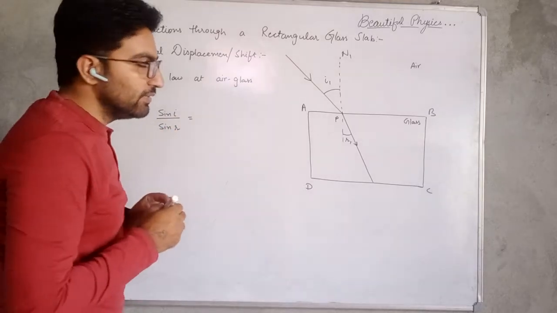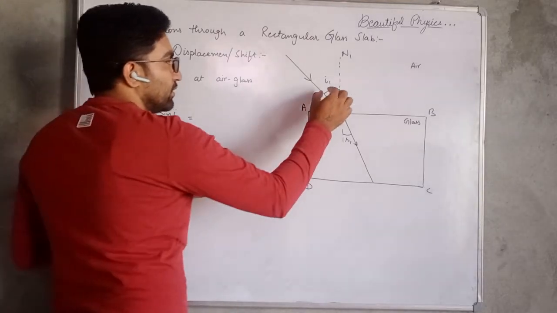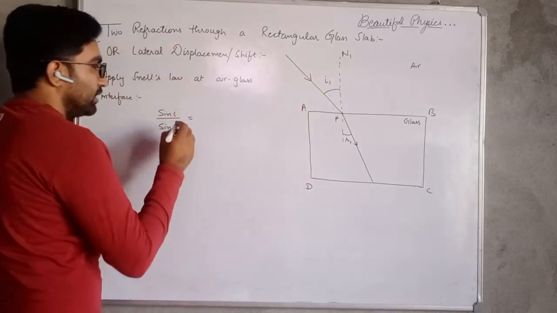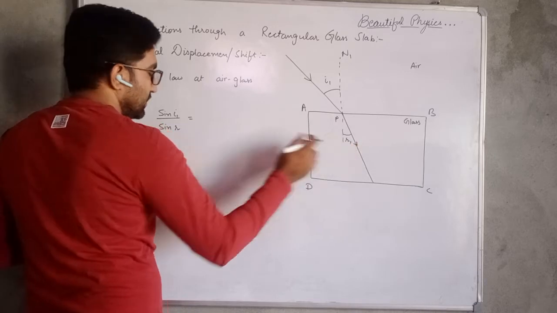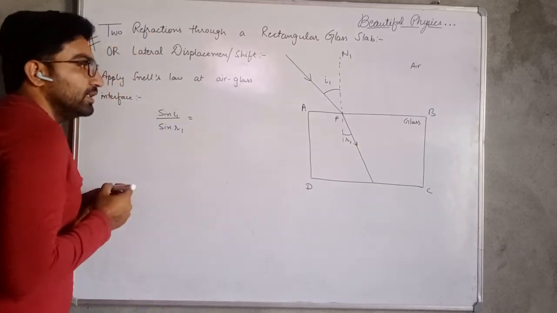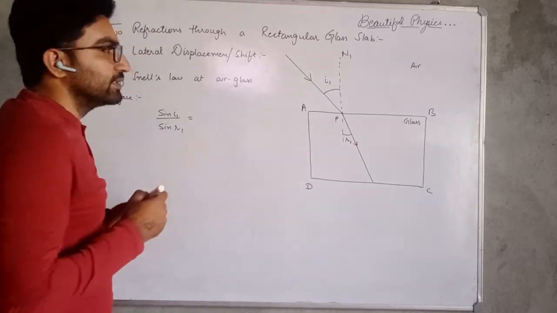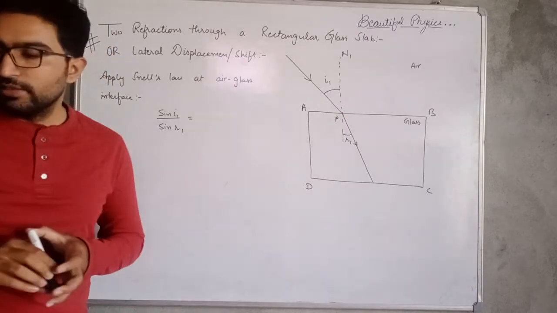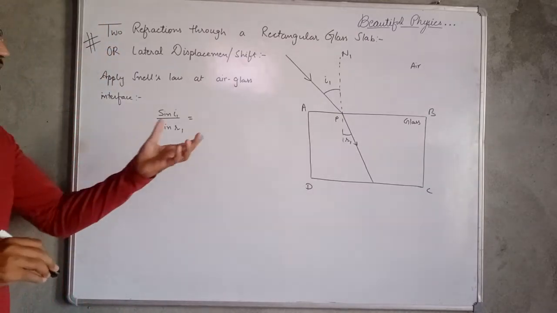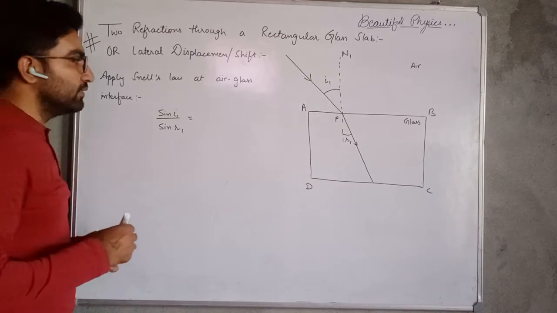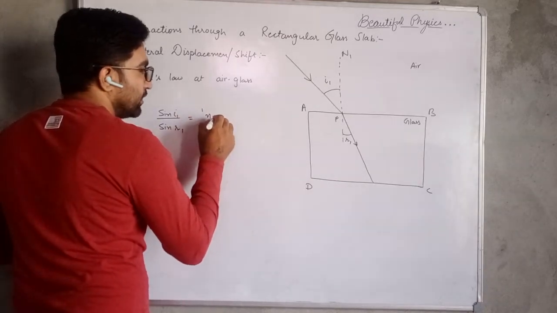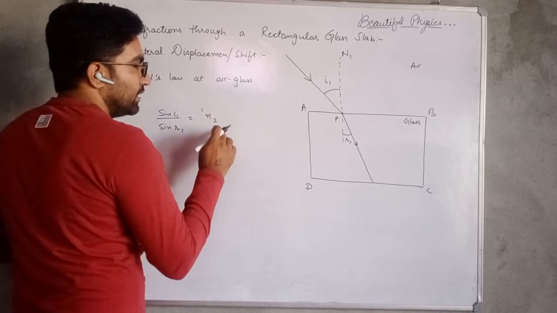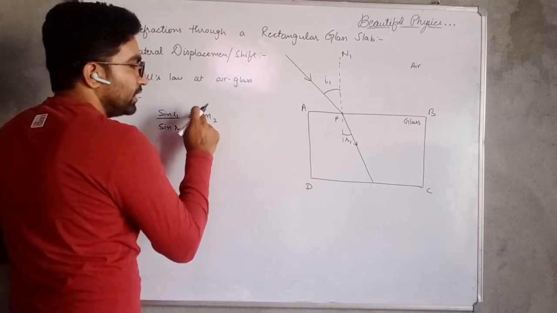the refractive index. But here the sine of the angle of incidence is I1, so I will write it as sin I1, and the sine of the angle of refraction is sin R1, equals the refractive index, and the refractive index here is written in the form of relative refractive index, so I will write it as 1n2, or we can say it is going from air to glass.